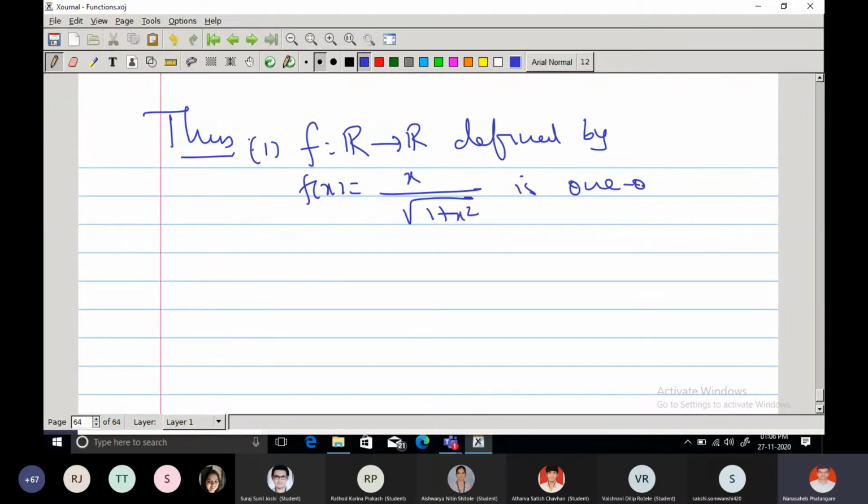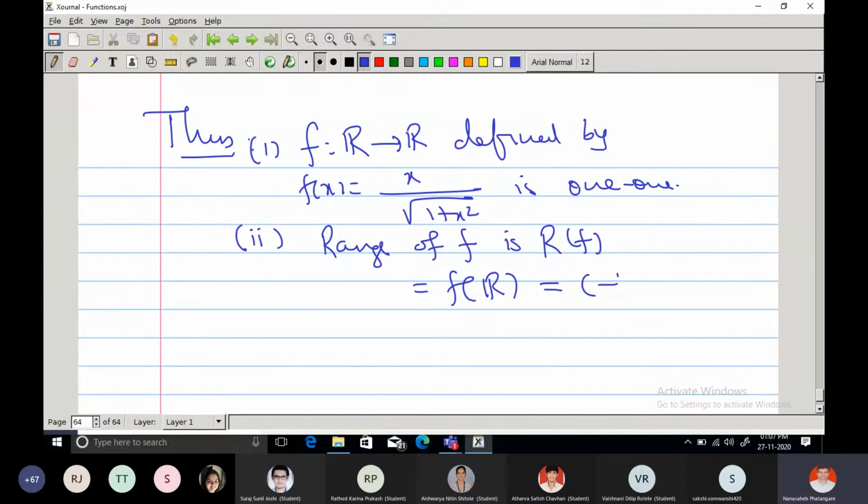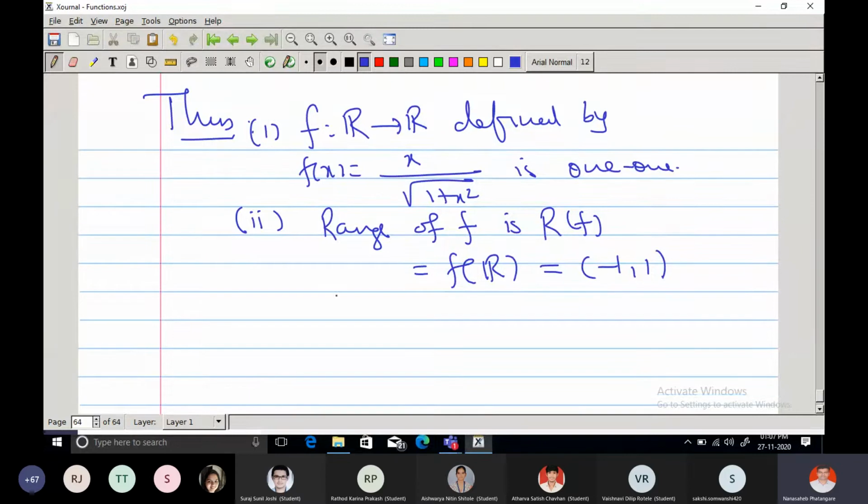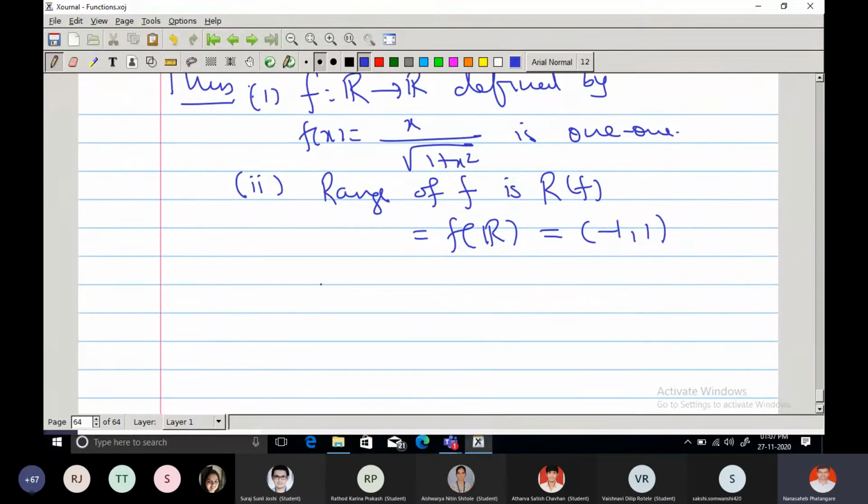First thing we have already verified, right? Range of f: what is the range of f? -1 to 1, because every element inside -1 to 1 has a preimage. So the range is this, correct?